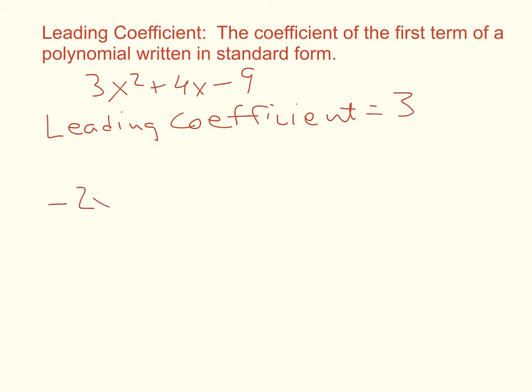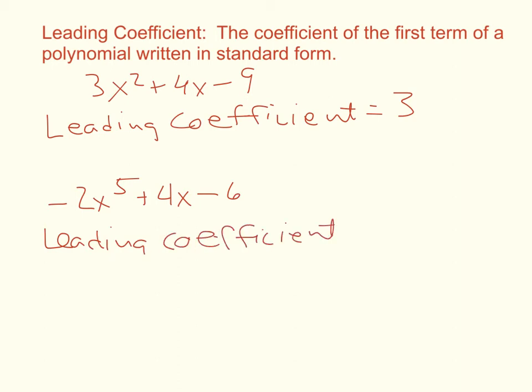Negative 2x to the fifth plus 4x minus 6. The leading coefficient is going to be negative 2. So the coefficient of the first term, when we're written in standard form, we call that the leading coefficient.